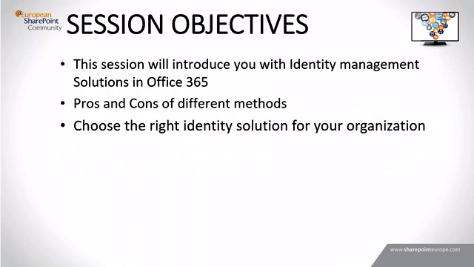So in today's session, we are first of all going to see what types of identity management solutions are available in Office 365, how many types of solutions there are, and what the pros and cons of each identity management solution are. Last but most importantly, which identity management solution is best for my organization based on my organizational needs, and how do I decide which solution to select when I'm planning to migrate services to Office 365.